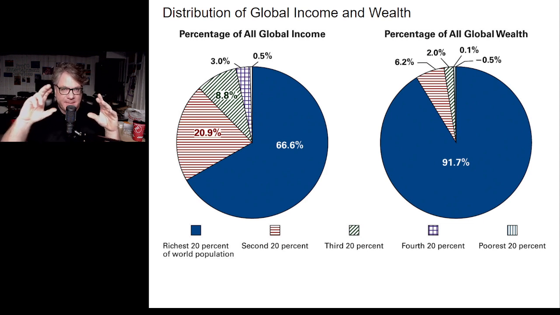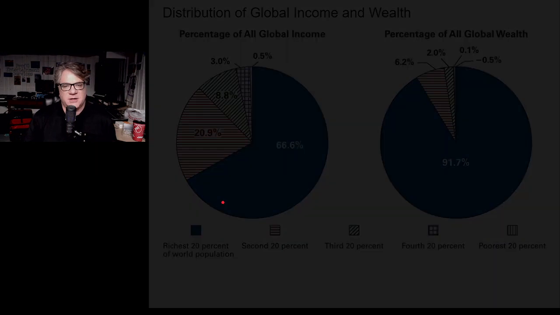When we're talking about that bottom, the lower class, if you will, that is a very different category substantively compared to lower class in a developed nation. So when we talk about the global poor, we're talking about people living almost in absolute poverty to some extent here. So we're going to look at some of those dynamics in this presentation.